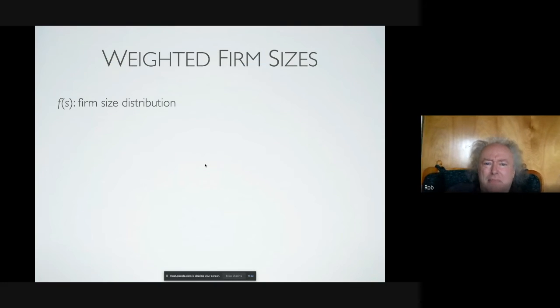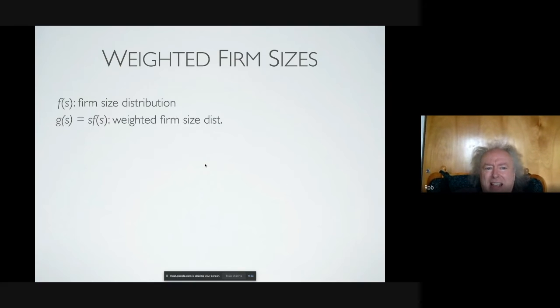Okay, now just as a practical matter, in the book we spend a bunch of time doing these kinds of calculations. If f of s is the firm size distribution, let's weight it by size. The trouble with the firm size distribution is that Axtell Consulting and Alphabet are both considered one data point. So you guys have a lot of employees, I have 0 or 1 employee, depending on how you count.